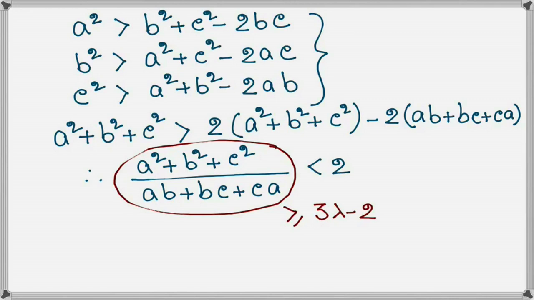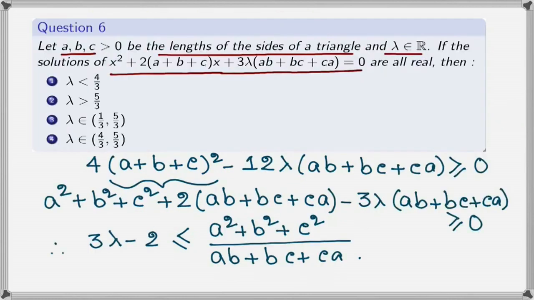So we can say that 3 lambda minus 2 is strictly less than 2. So lambda is strictly less than 4 divided by 3. Hence the first option, that lambda is strictly less than 4 by 3, is correct.